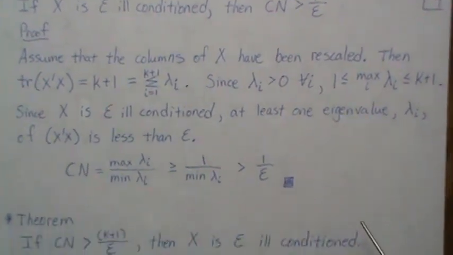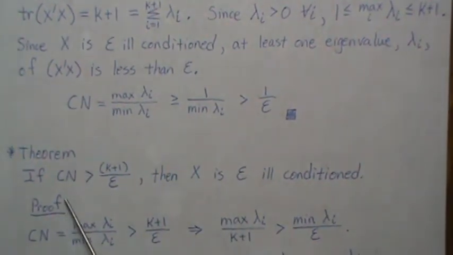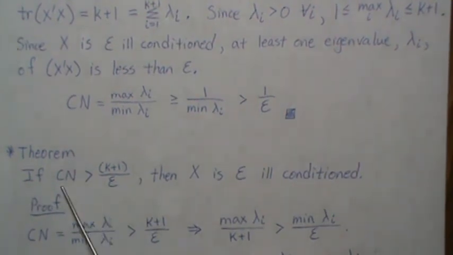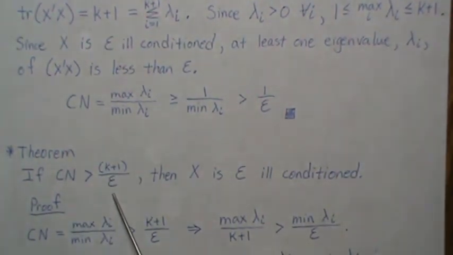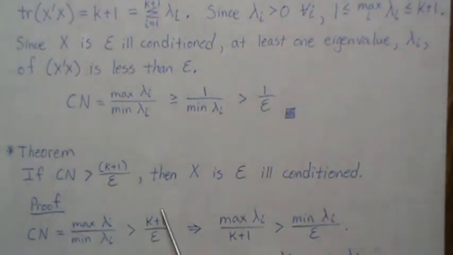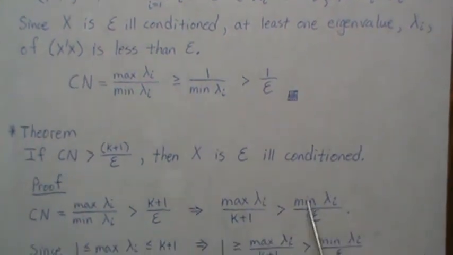So it's proved. Now the last theorem: if the condition number is greater than K plus 1 over epsilon, remember, epsilon is a small number, so this is still a big, big number, then X is epsilon ill-conditioned.